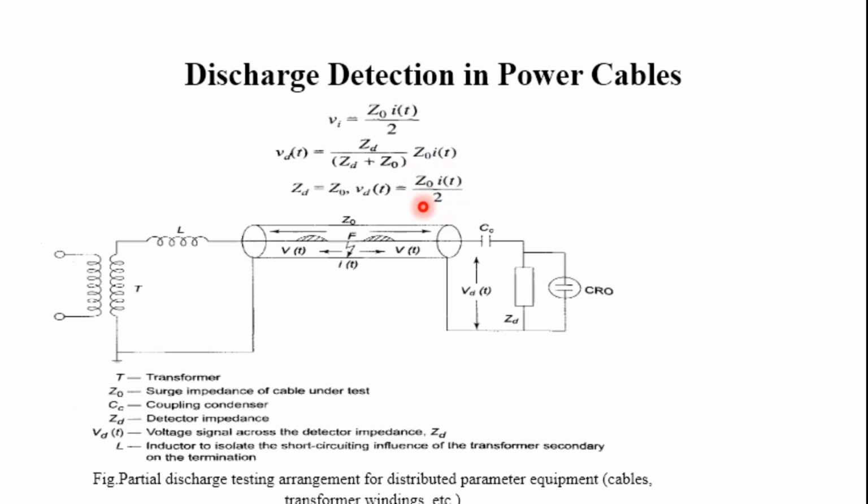At this point, if there is a partial discharge located exactly in the middle, the traveling wave moving to the left is reflected without any polarity change at the open end, and then arrives at the detection impedance ZD, separated from the direct pulse by a time equal to the cable transient time tau.